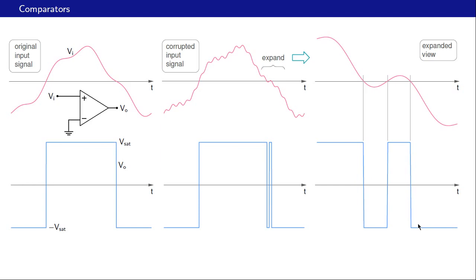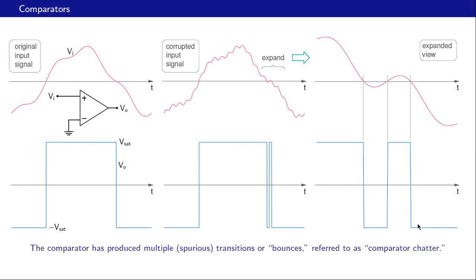And this is definitely not desirable. So what has happened is the comparator has produced multiple spurious transitions or bounces, which are referred to as comparator chatter. It turns out that we can use a Schmitt trigger to eliminate this chatter, and let us see how we can do that in the next slide.